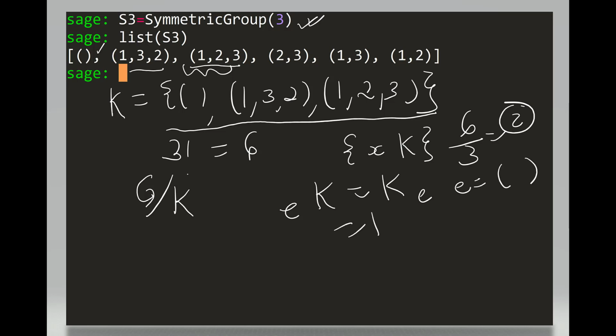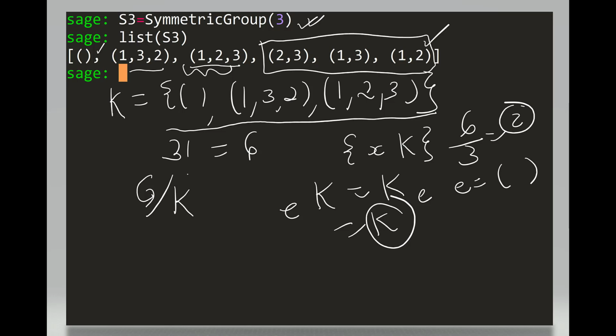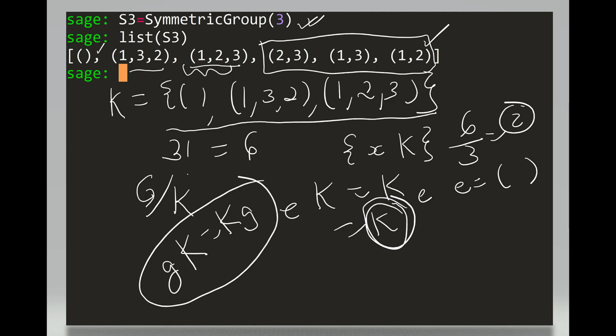So it will just be K, right? And the other left coset would be formed by the elements that are not in there, right? So that will be by this, and those are bound to be equal because there are only 2 left cosets and only 2 right cosets, and one of them happens to be K, so the other one will have no choice but to be the same.